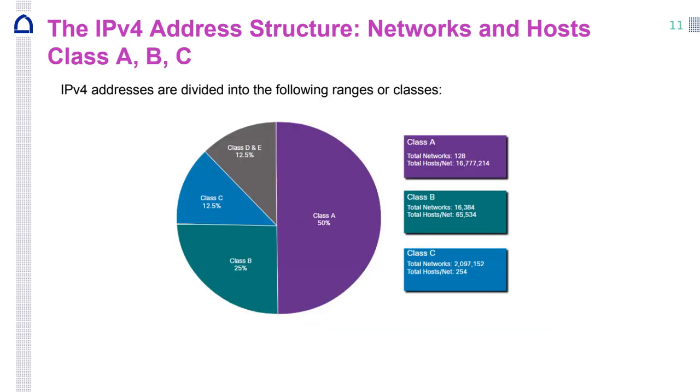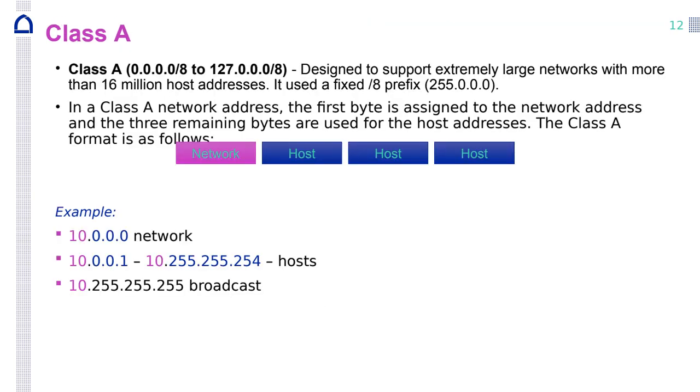We have different IP version 4 classes: class A, class B, class C. Class A is where you have only 1 octet for network and the other 3 octets are for host.